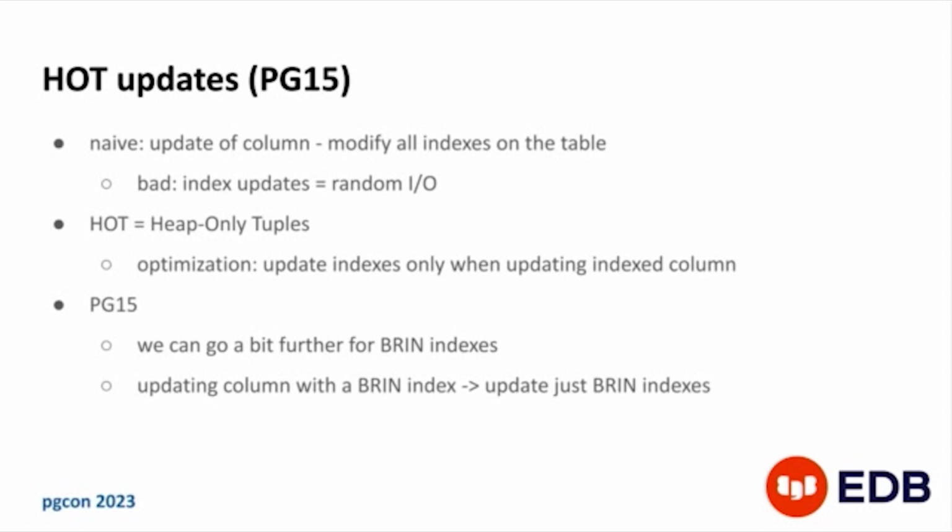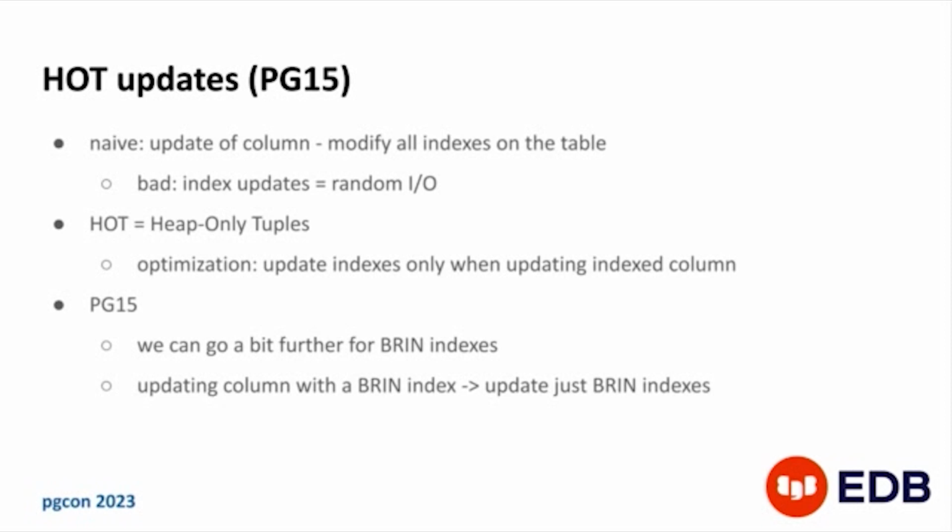The improvement here is that if you are only updating columns that have BRIN indexes on them, then you don't need to do this. You just need to update the summary indexes, which is a significant speedup because index bloat is a major issue in Postgres.